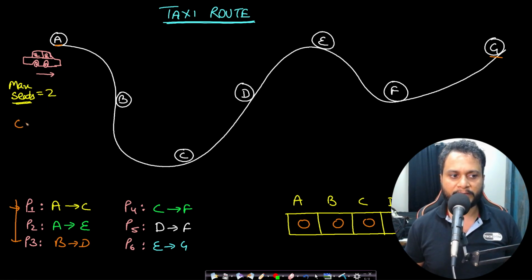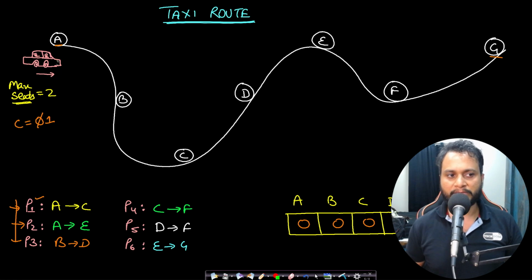I will say a variable is C, which says how many seats are consumed, and it is 0. If seats consumed are greater than or equal to the maximum seats, then definitely you cannot allot more seats, right? So if P1 is coming, then you see that C is less than the maximum seats, so P1 can get into the taxi, and consumed seats will become 1.